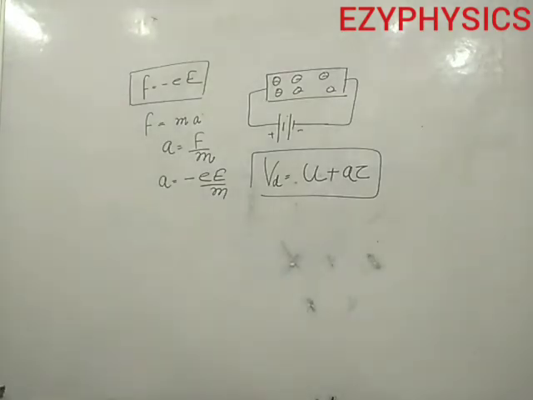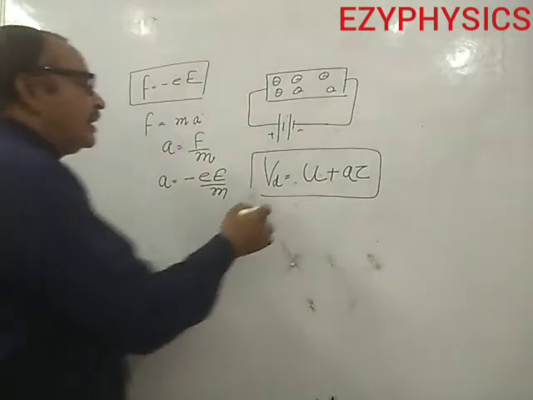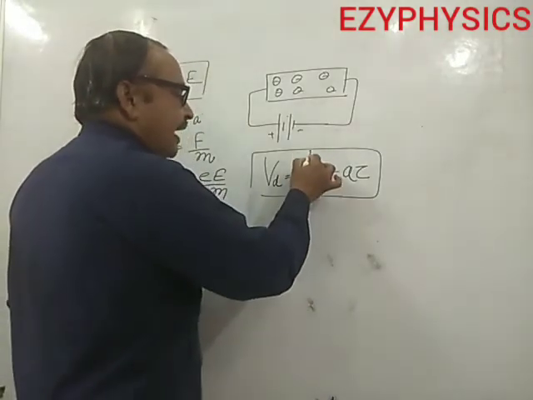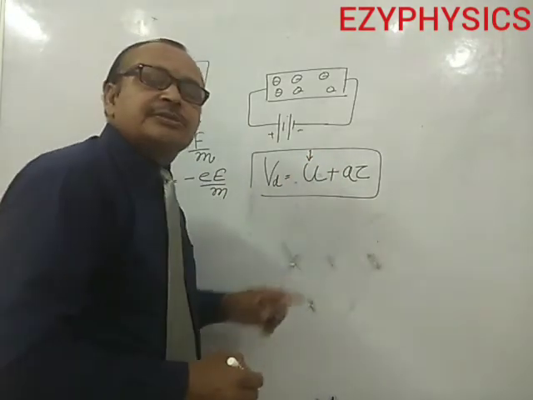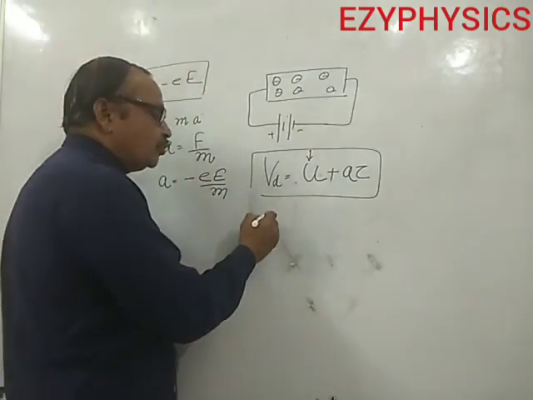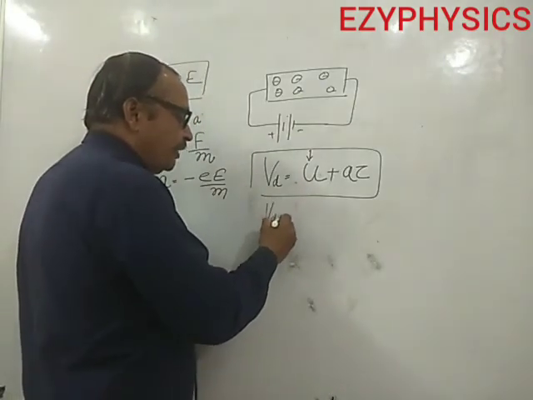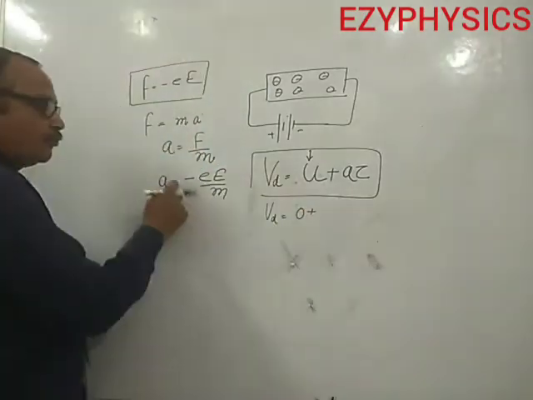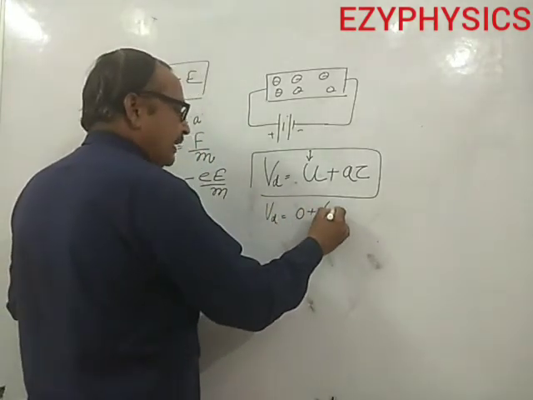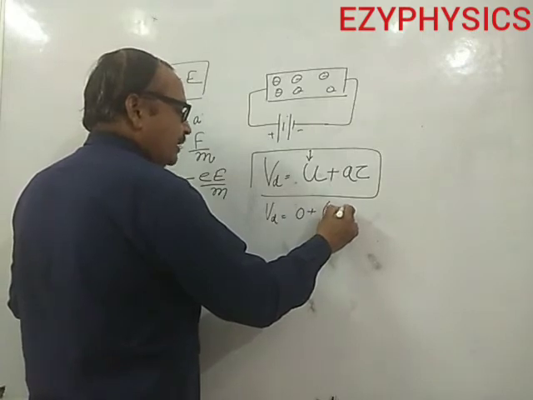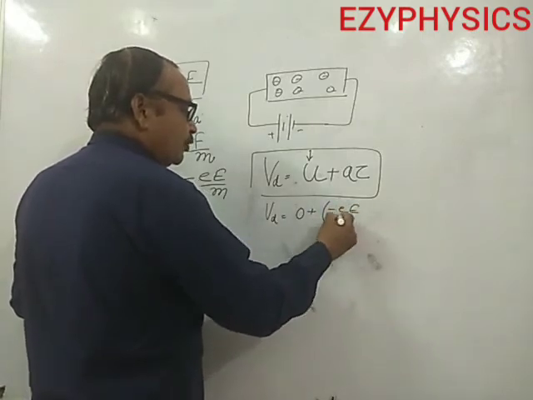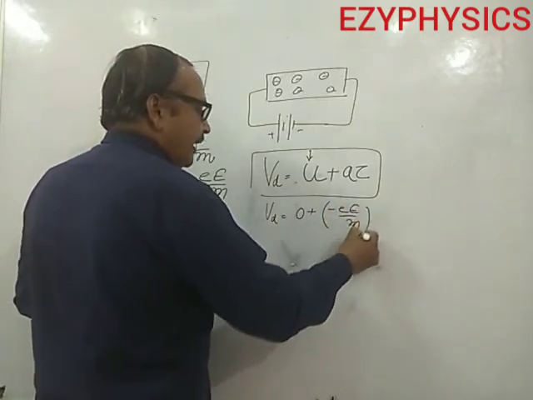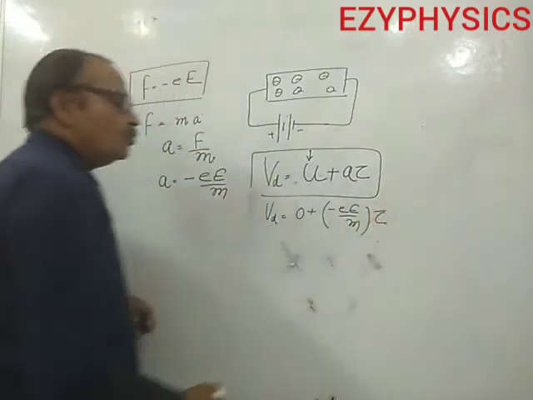Everybody knows that in a conductor, the average thermal velocity is considered to be 0. So Vd is equal to 0 plus the value of A, which is minus E into E over M, into tau.